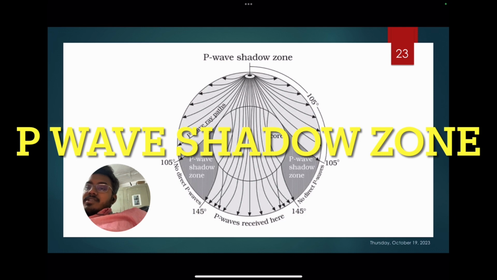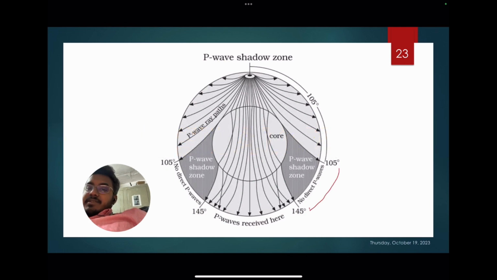Between 105 and 145 degrees, the seismometers do not record any direct P waves. This is because when the P wave moves from the mantle into the outer core, which is molten, its velocity decreases and hence it moves towards the normal.